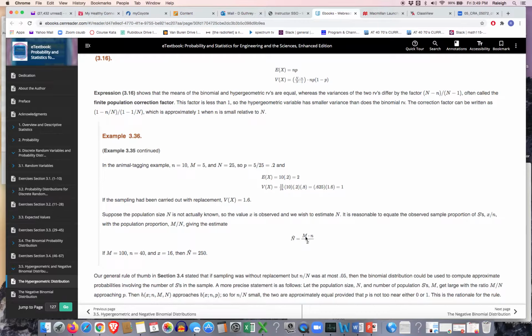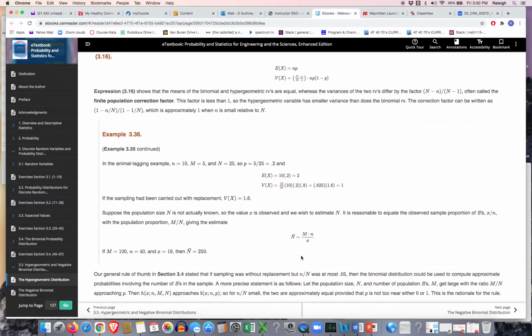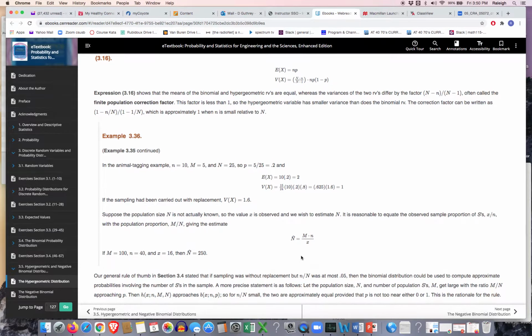M was 100, 100 times little n, 40, that's 4,000, divided by 16, x, and so that ratio would be 250. That would maintain the same proportion. It's just like a proportionality situation. So if you had n is 40, X is 16 out of 40, that works out to be 40%, then 100 would be 40% of 250. So that goes all the way back to beginning algebra, but let's not go there.